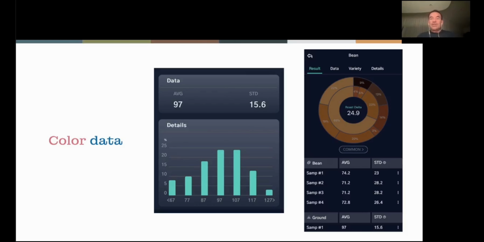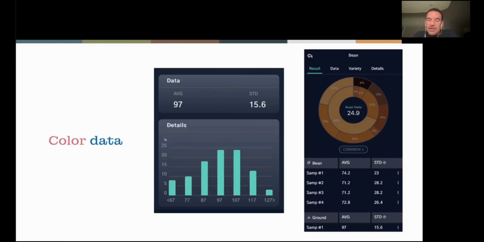This also comes from the DyeFluid Omni. When you look at the right, the average reading, those 4 readings that are in the 70s, those are the whole bean color. That ground sample at the bottom, that's the ground number, 97.